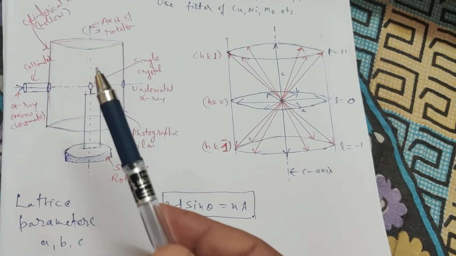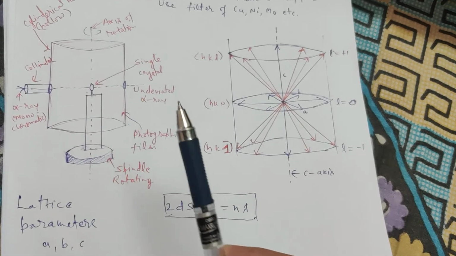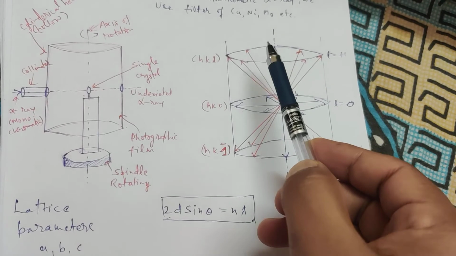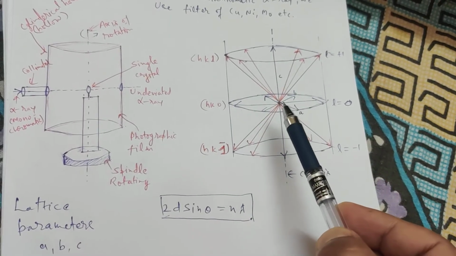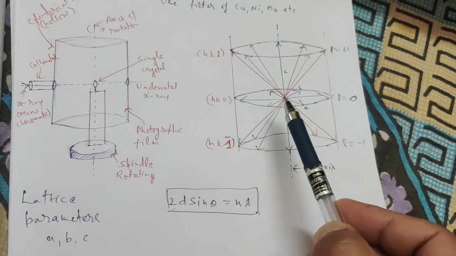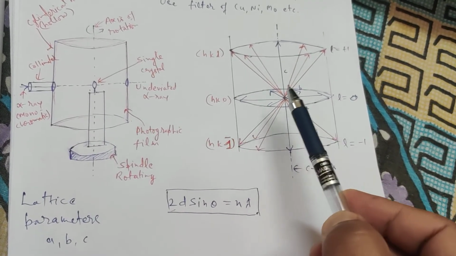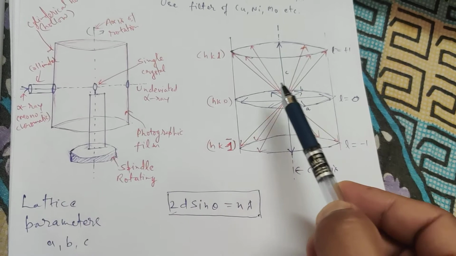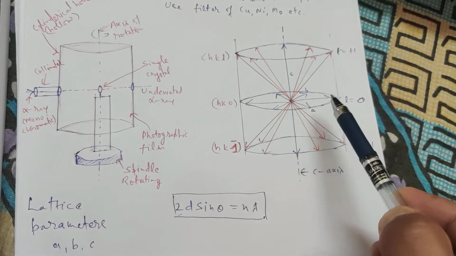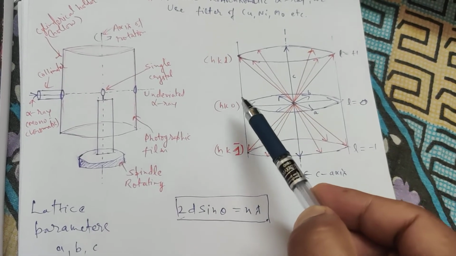If C is parallel to the axis of rotation, then the other axes A and B are like this, and they make a plane. This will create a layer, which is known as the zero layer.